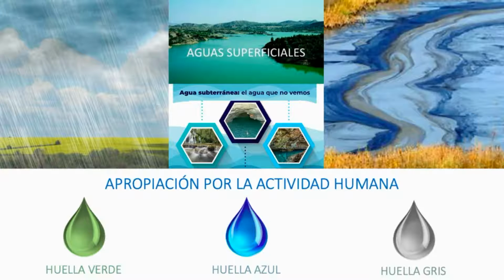Through their root systems, they take water from the humidity of the soil and use it for their metabolism. So water available as soil moisture is available for plants to grow.